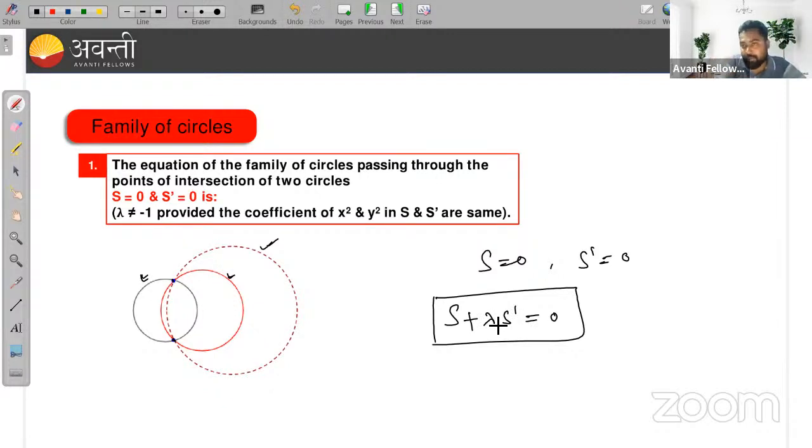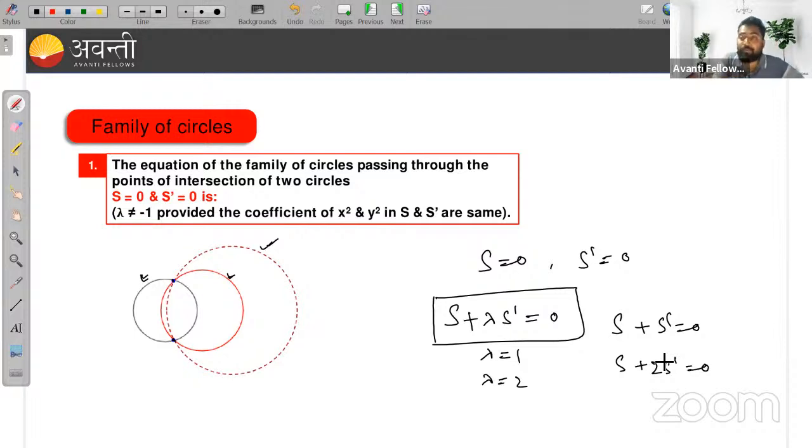What I'm trying to say is that when you change the value of lambda, you will get a new circle. If you put lambda equal to 1, you will get one circle, S plus S dash is equal to 0. If you put lambda equal to 2, you will get another circle, that is S plus 2 S dash is equal to 0.